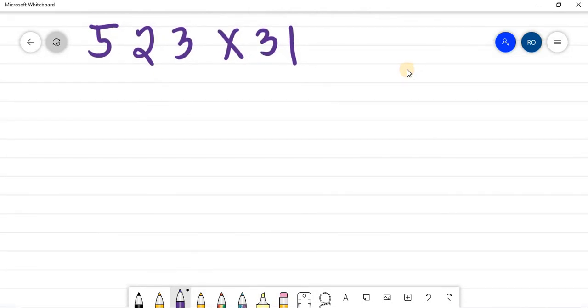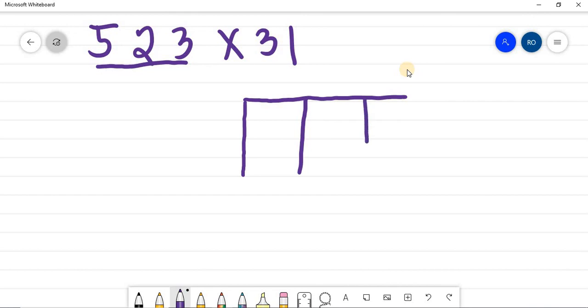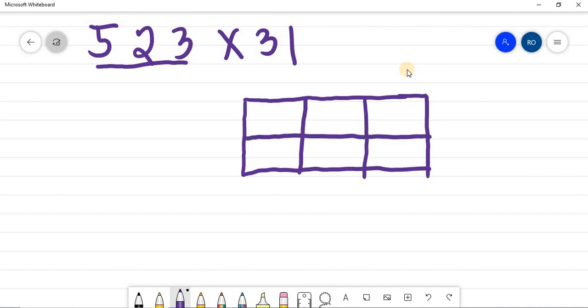The multiplicand has 3 digits, so we have to draw 3 columns. And the multiplier has 2 digits, so let's draw 2 rows. Let's write 523 and 31. Don't forget to draw a diagonal across each box.